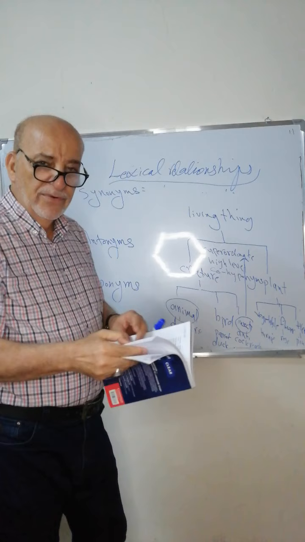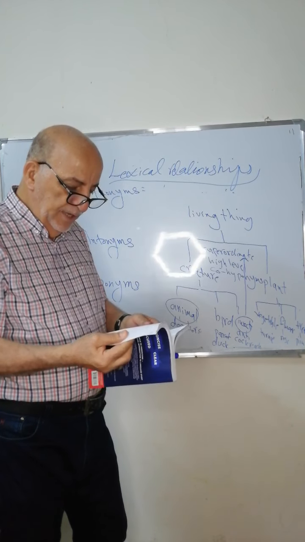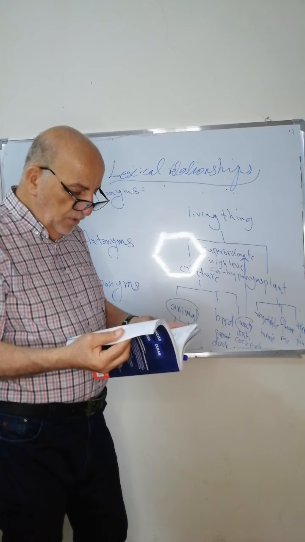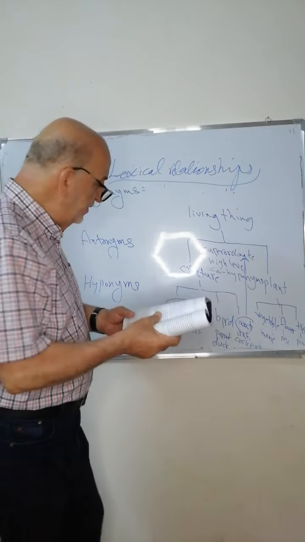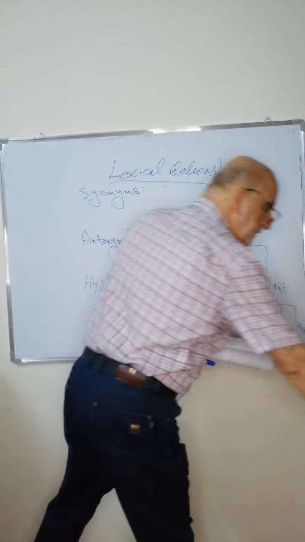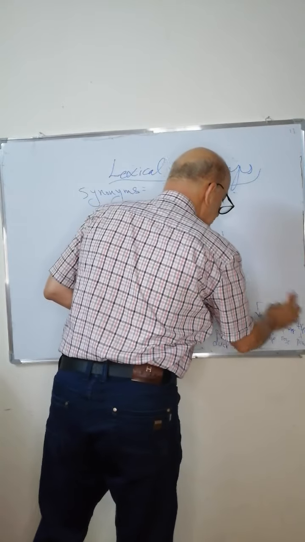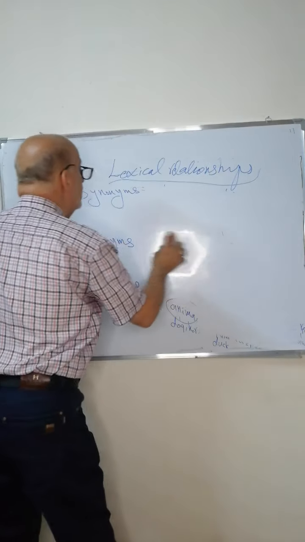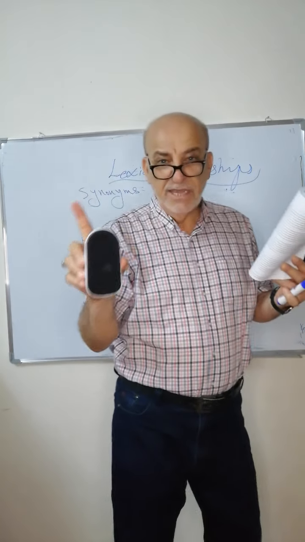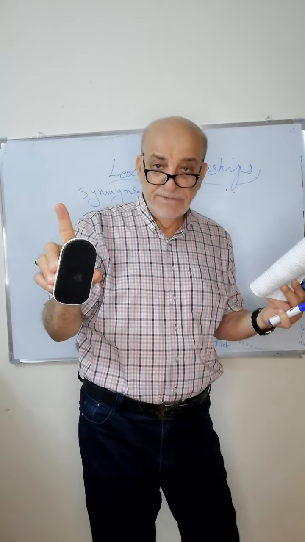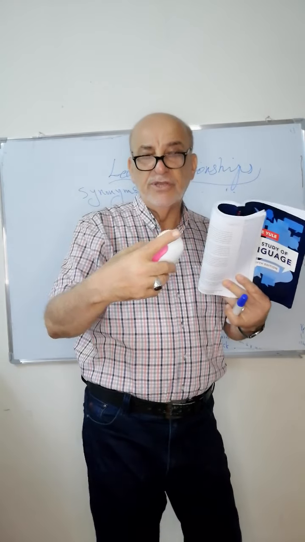Now let's move to another type of relationship, represented in what we call homophones and homonyms. Right. So see now the lexical relationships are represented in sameness in meaning, but not total sameness, opposite of meaning, and inclusion.